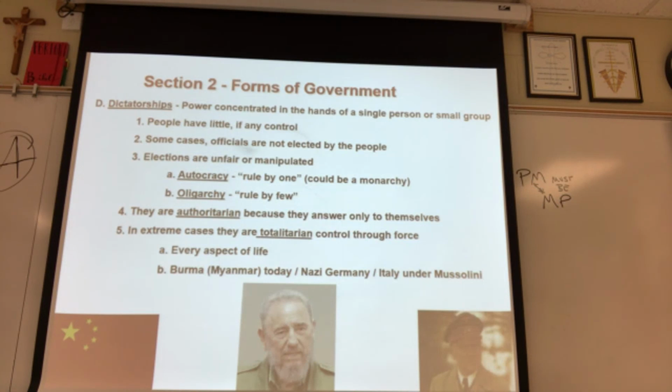So I use the example of China, where the Communist Party, which is a very small number of people, they choose the leader. The other 1.275 billion people of China don't get to vote. Only the members of the Communist Party get to vote. So they rule. Does that make sense? Okay.